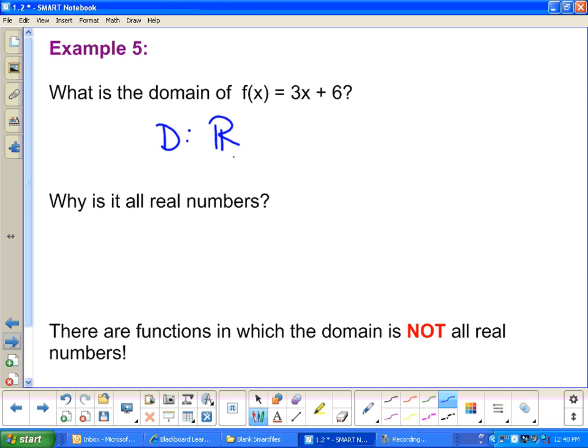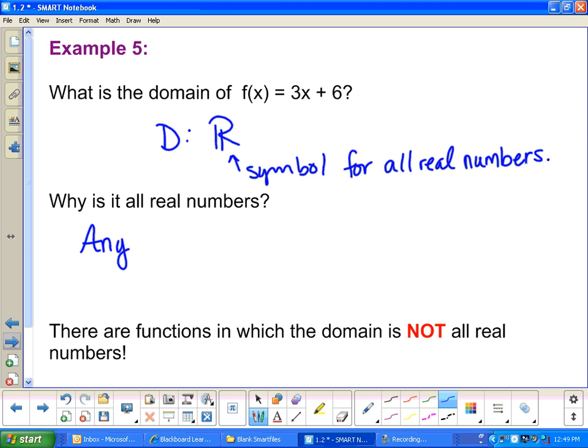That symbol, again, is a symbol for all real numbers. Again, why is it all real numbers? Because any value of x gives me a value for y.